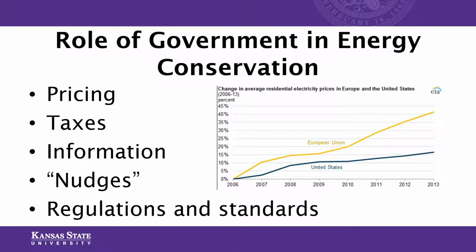Unfortunately, this is one of the programs that our current president has proposed cutting. It has not yet been cut because we don't have a budget yet that has gone through Congress, but it is not a current priority of our current government, is having energy efficiency, the Energy Star program at least. So those are some of the things that government can do, the role that they play in energy conservation.